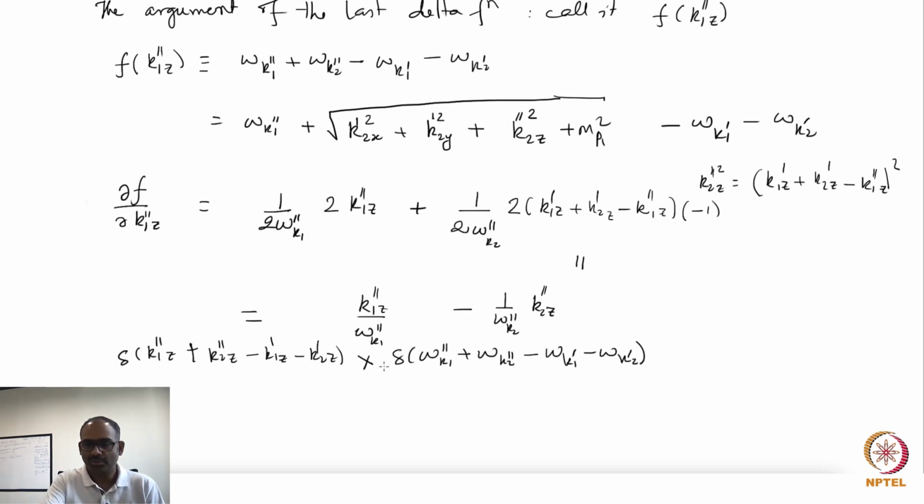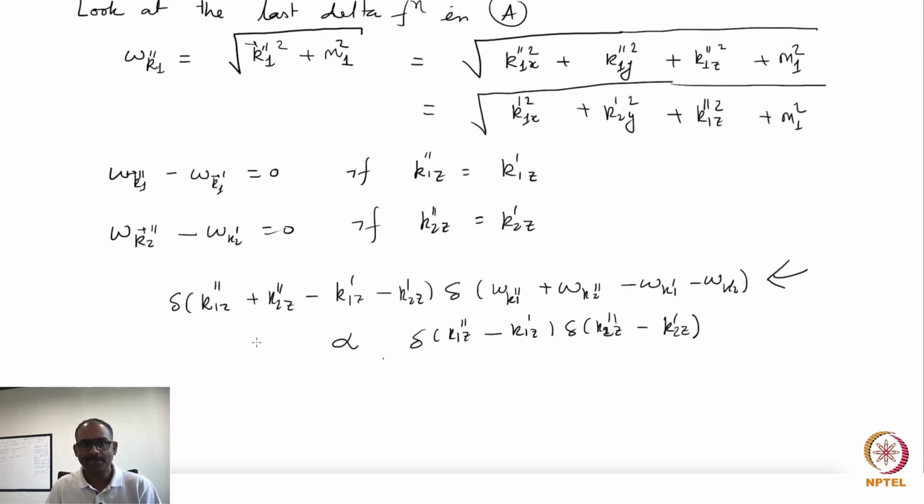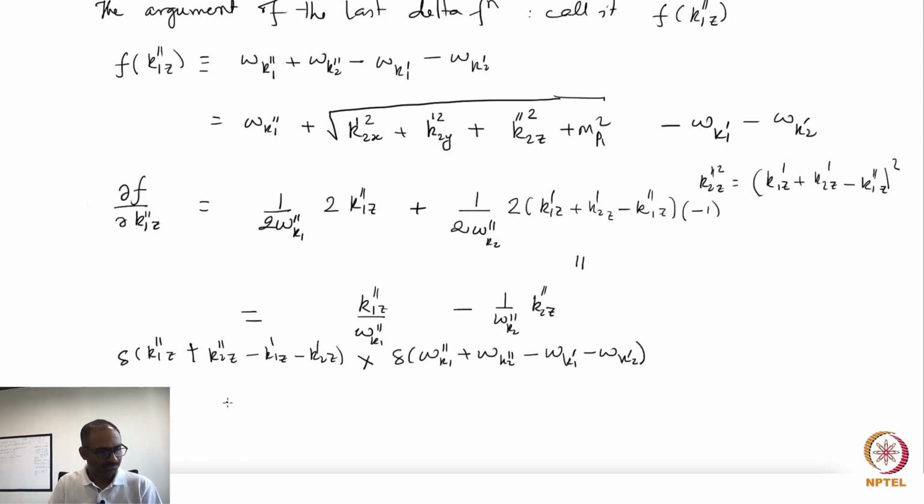This product which was here, these two, is equal to 1 over the modulus of this expression.